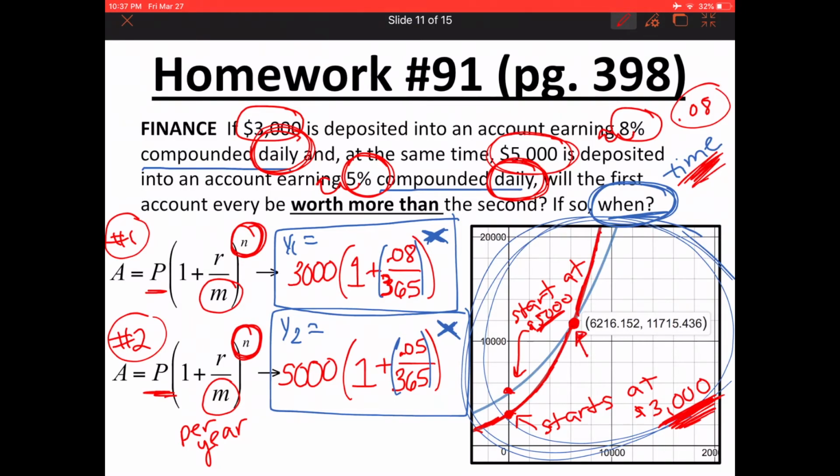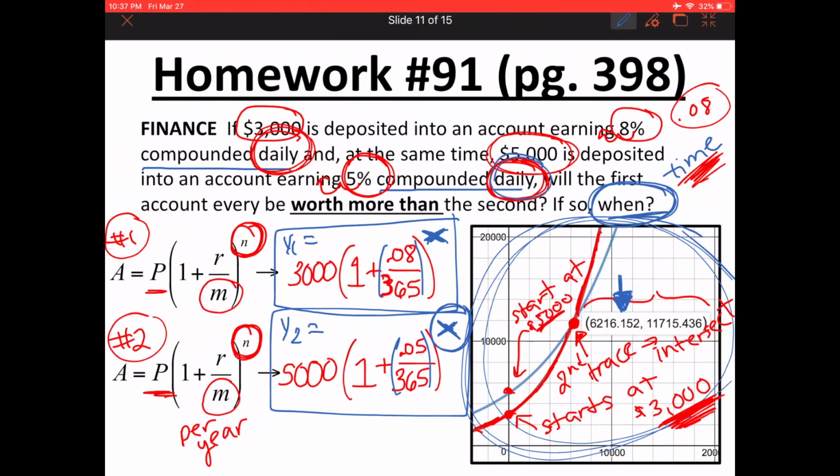So in order to find that place of intersection in the calculator, we go to second trace, and then we hit intersect. And when we do that, we'll be given this ordered pair. Now, which part of this ordered pair do we care about? If we are solving for x, that means I care about the x. So x is representing the time. So this 6,216, what units am I working in for time?